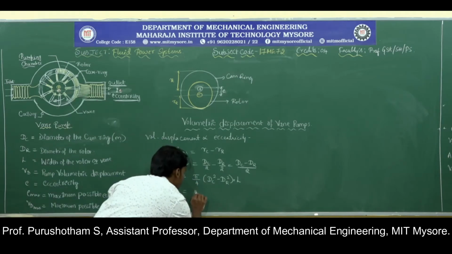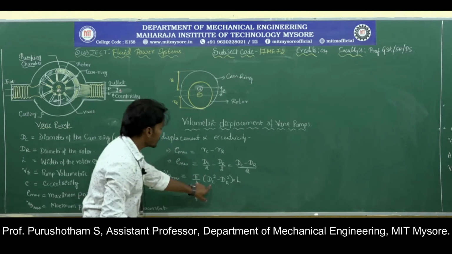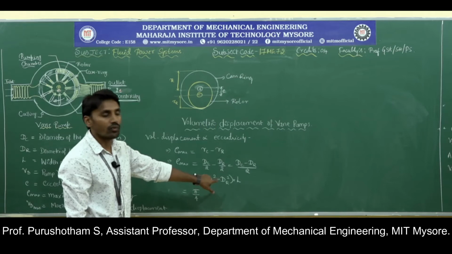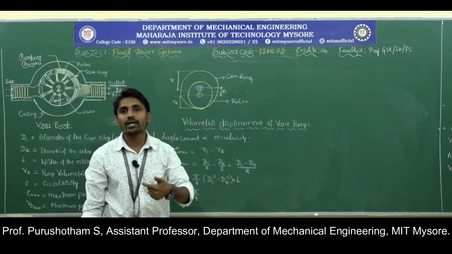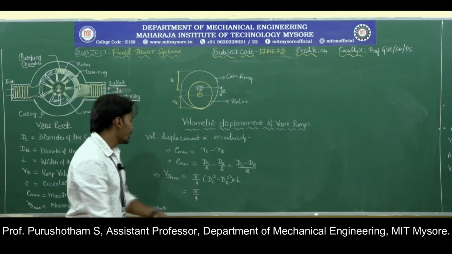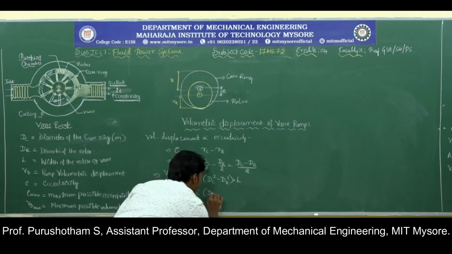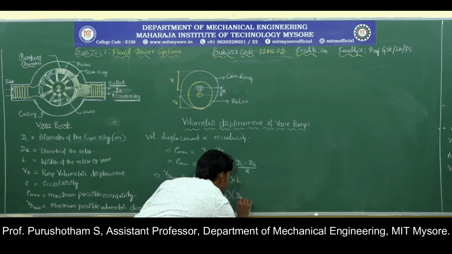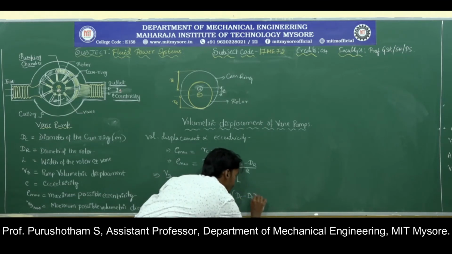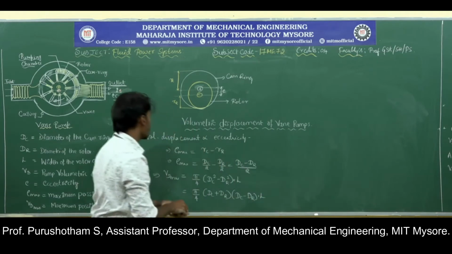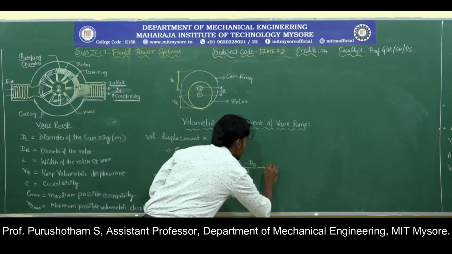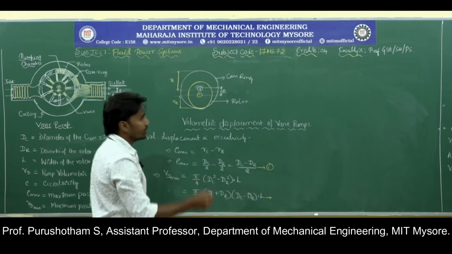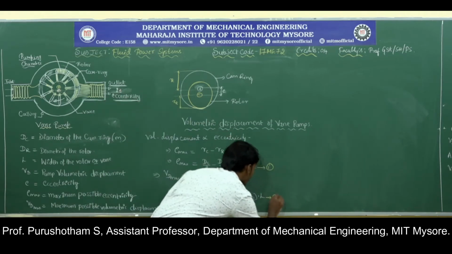Now pi by 4, dc square minus dr square is in the form of a square minus b square, which is equal to (a plus b) into (a minus b), that is (dc plus dr) into (dc minus dr) into L. I will call this equation 1 and I will call this equation 2.